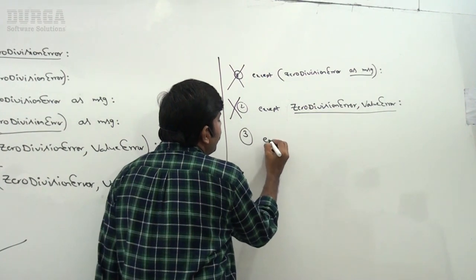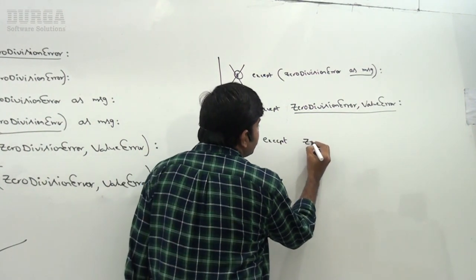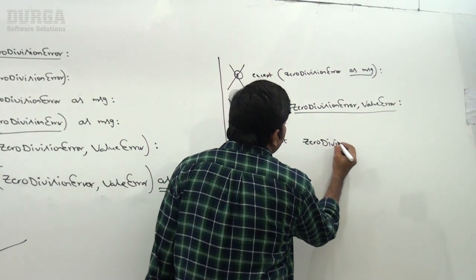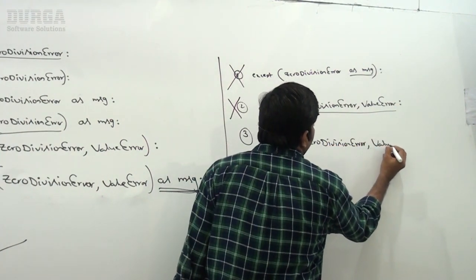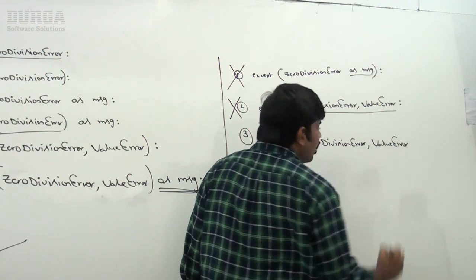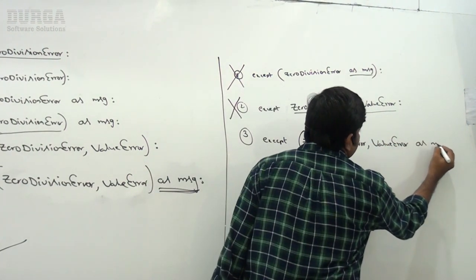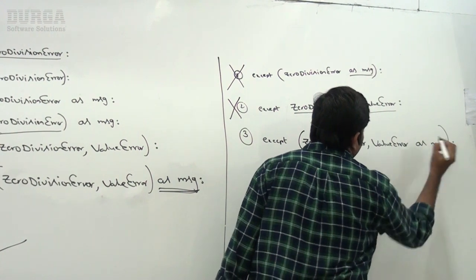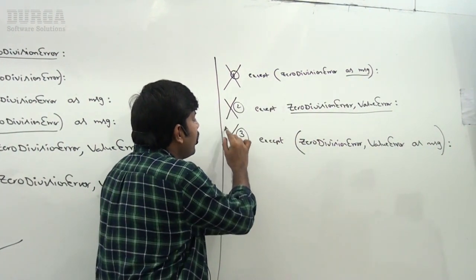Now if I write like this, except (ZeroDivisionError, ValueError as message), like this I'm taking, sir. Can you please confirm? Is it valid or not? This one is also invalid.